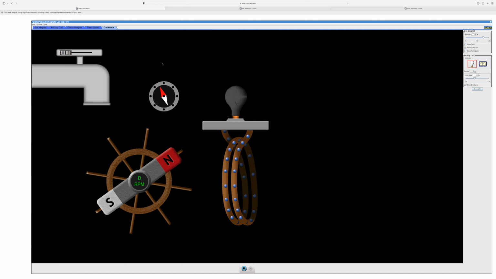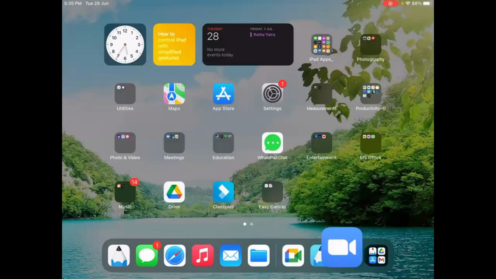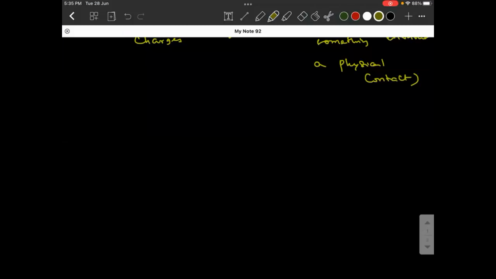Is that clear? Having all these points in mind, let's start taking down the theory part. First write down the definition of magnetic flux. How is it represented? What symbol is used?